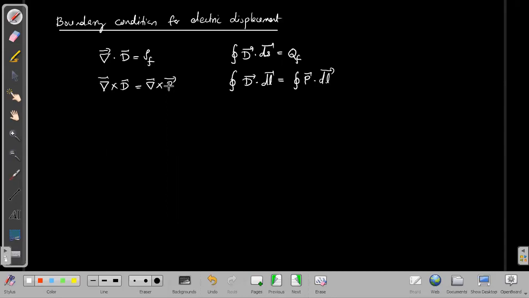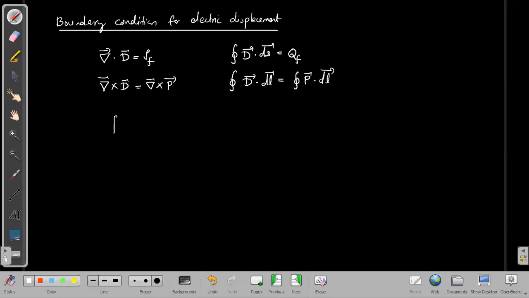Here you have to use the Stokes theorem to convert this equation. I integrate del cross D over a surface, which should be equal to the surface integral of del cross P, and you can convert the surface integral into a line integral by using the Stokes theorem. You can do this yourself. Since these are the two equations, from them you can get the boundary conditions.